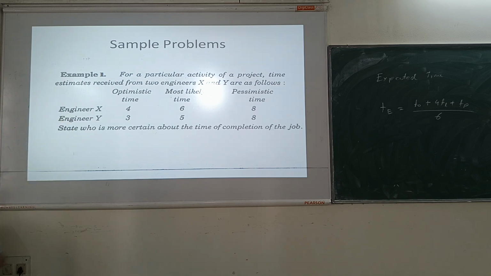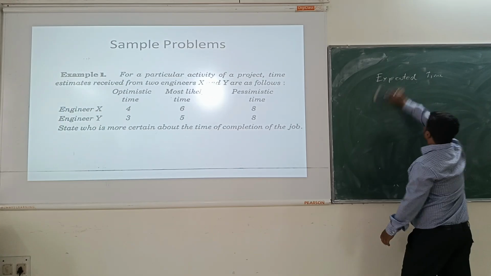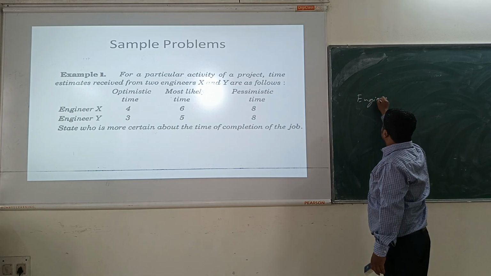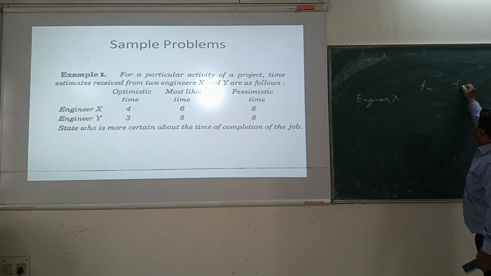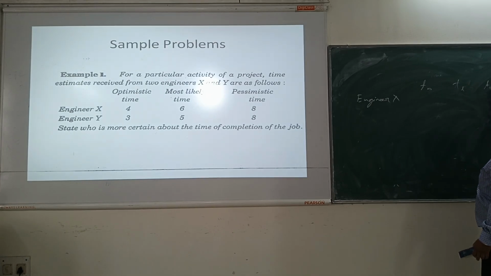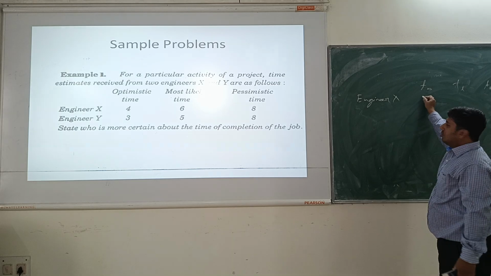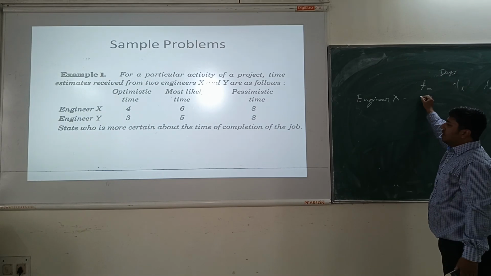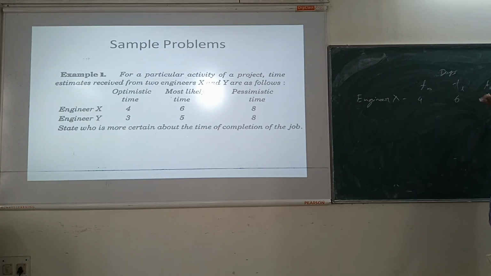Try it out. Here, what is given in this example? Optimistic time, most likely time and pessimistic time in days. Engineer X: 4 days optimistic, most likely time 6 days, and pessimistic time 8 days.